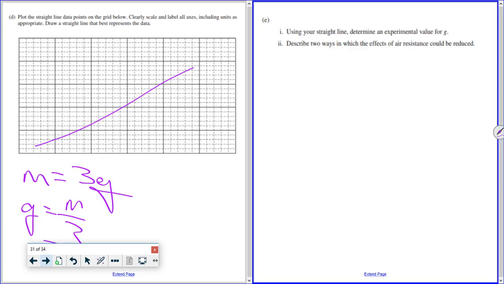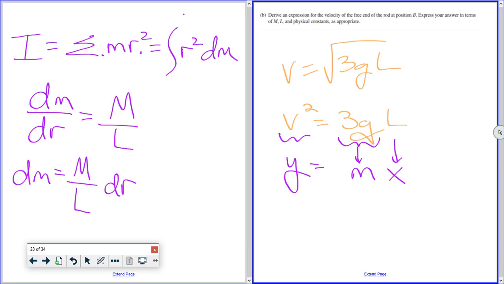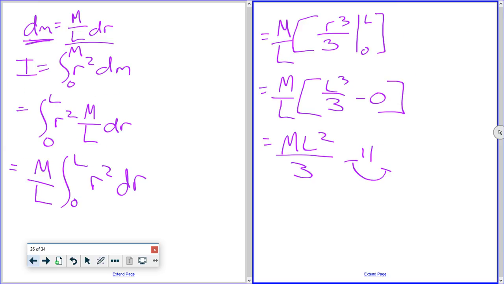And then finally, the last problem says, using your straight line, we just did that. Roman numeral 2: describe 2 ways in which the effects of air resistance could be reduced. I balked at this one when I read it. So the experiment is this: you've got a rod. I was surprised they accepted one of the answers.